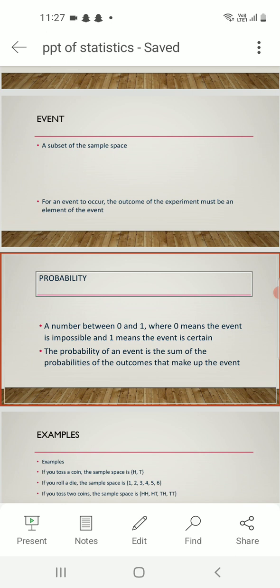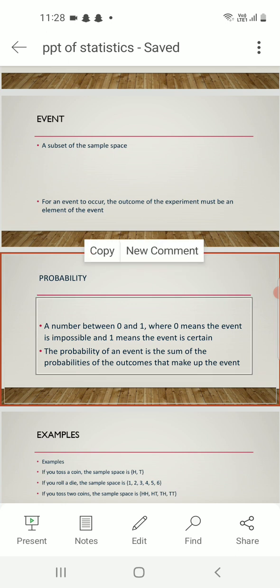Clear? And we also know that the sum of all the probabilities is always 1, that is, the summation of probability of xi is always equal to 1.